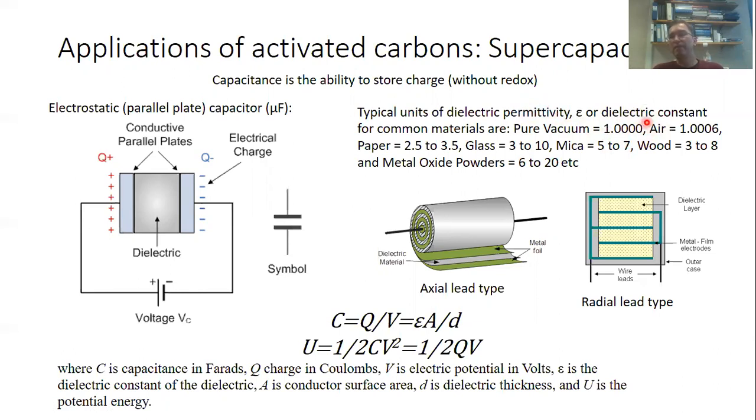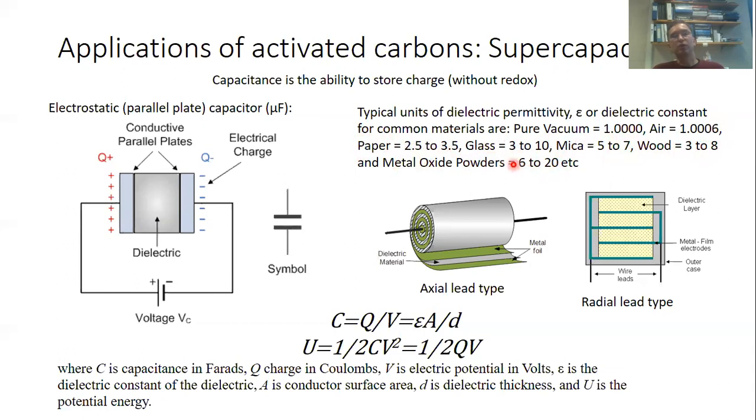So for example, air, which is almost vacuum because there are few atoms present in the air, has a dielectric constant of 1.0006. Okay, so for instance, paper has a dielectric constant of 2.5 to 3.5, glass about 3 to 10, mica 5 to 7, wood 3 to 8, and metal oxide powders 6 to 20.